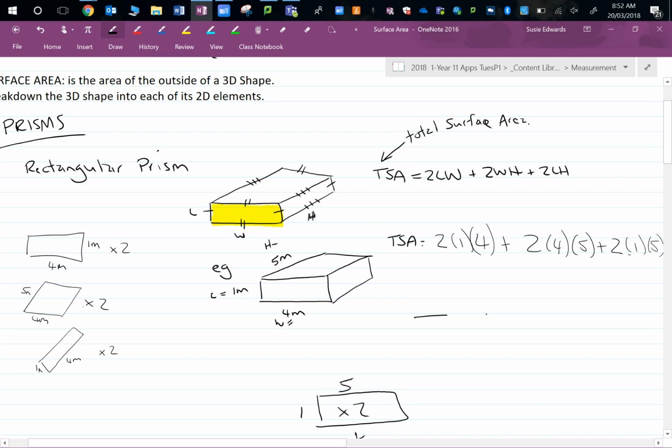That would be your working out, because you're saying 2 lots of the rectangle which is 1 times 4, plus 2 lots of the rectangle which is 4 times 5, plus 2 lots of the rectangle which is 1 times 5. What measurements are going to be? No. Square metres, because it's still area.